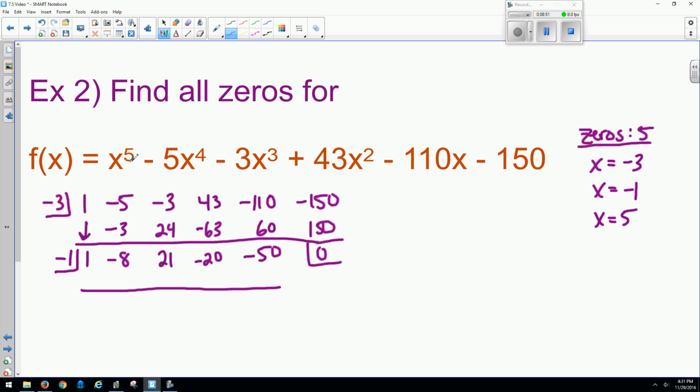So just keep in mind, this would have been x to the 4th. I guess I'm going to write that as a little reminder. This would have been x to the 4th right here. So I'm going to bring this one down and do the same thing. Nope, that's 1, sorry.